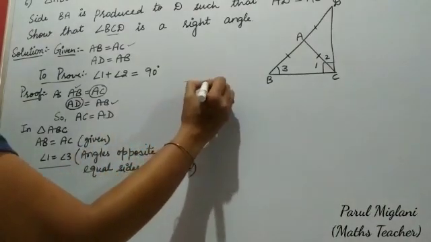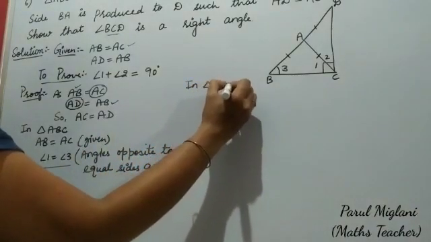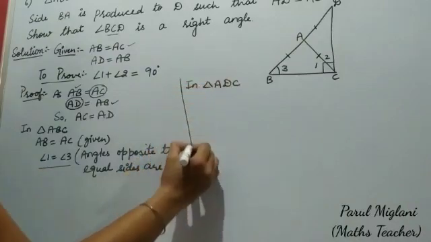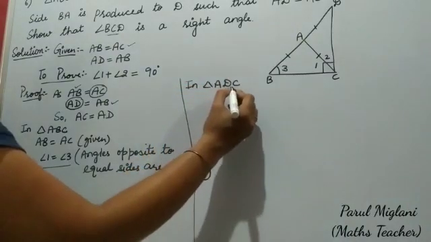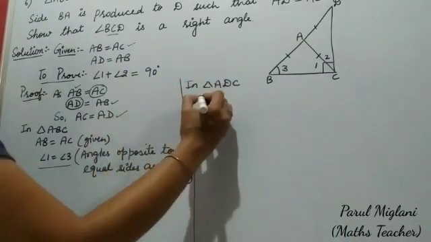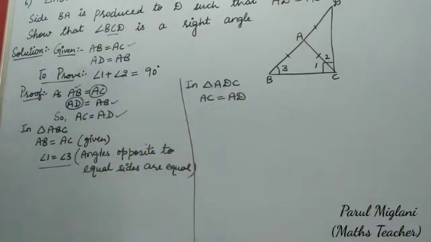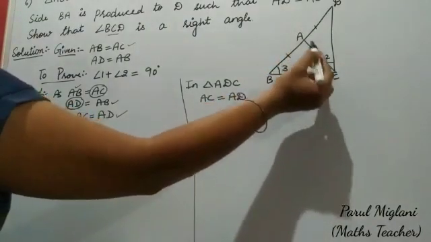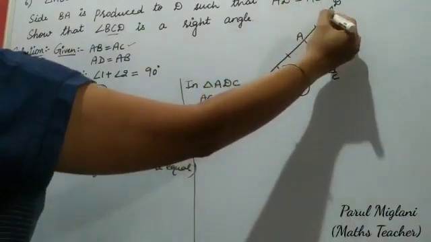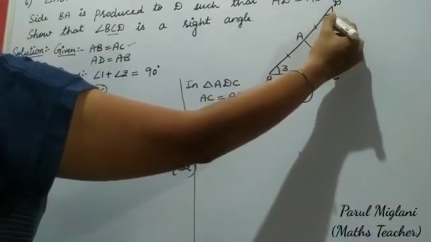Now in triangle ADC, as AC is equal to AD, we can say that these two angles are equal.